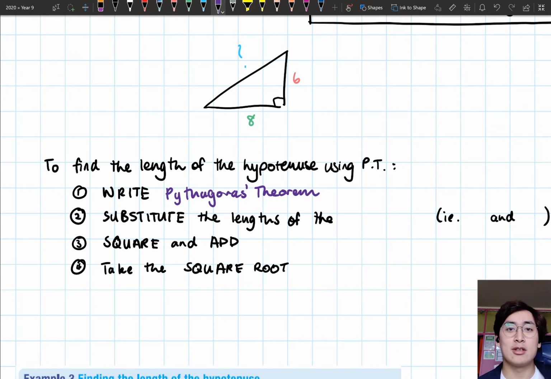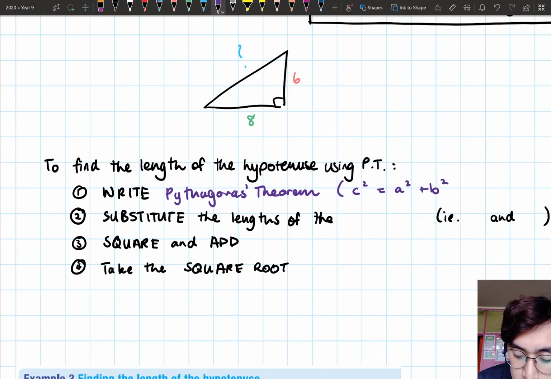So here, Pythagoras' theorem is just another example of a formula that we're going to use. So it's really important that you write out Pythagoras' theorem as your first step. So all you need to do is just write in your workbook, c squared is equal to a squared plus b squared, for example. Okay. So it just reminds you what you're actually using to solve this question.